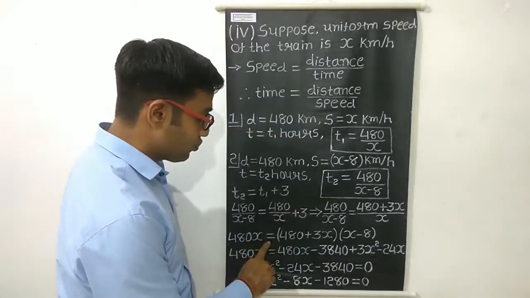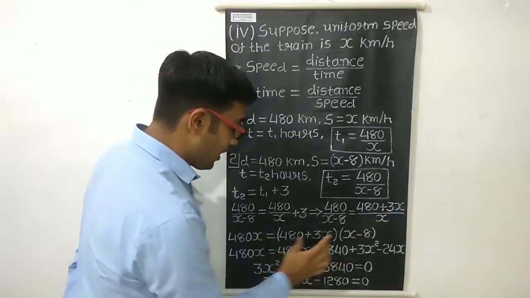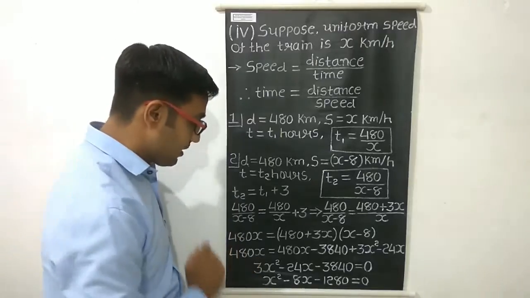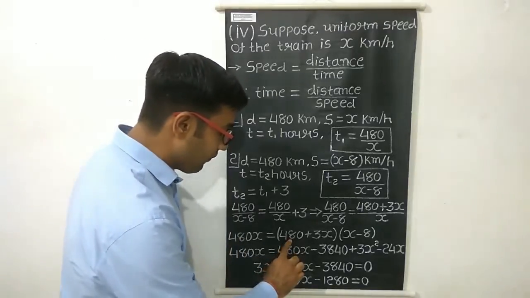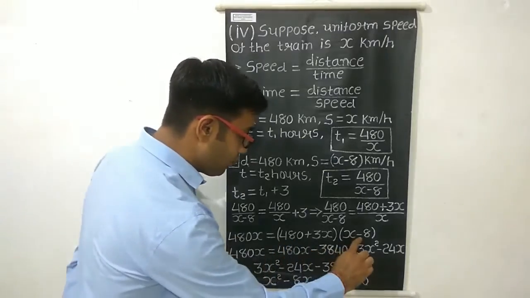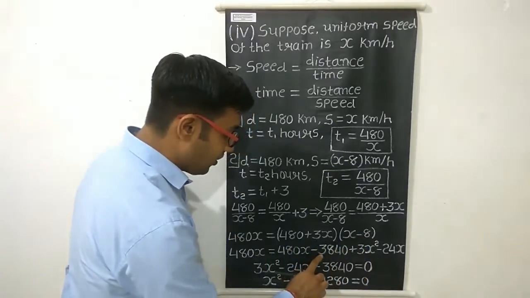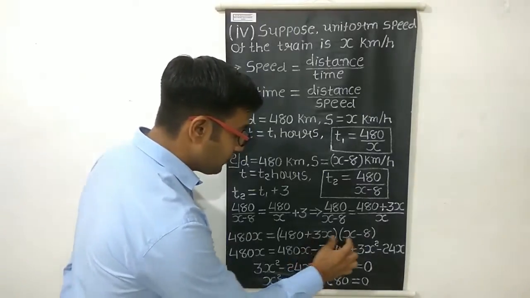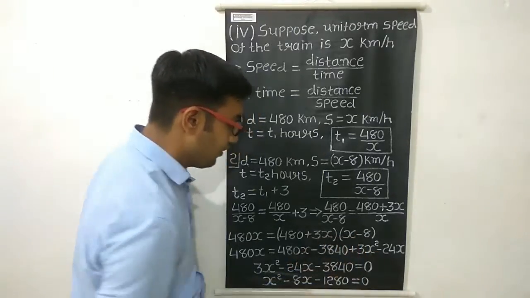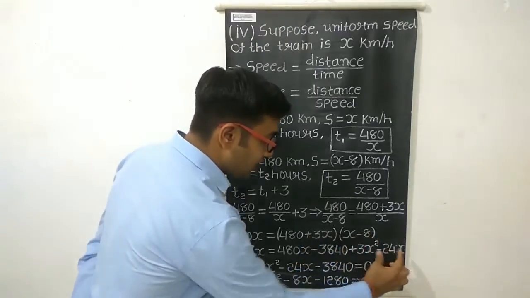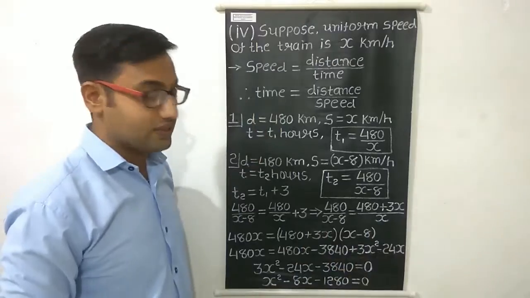480x is equal to, these two brackets are now in multiplication. So on the left hand side 480 remains as it is. Multiply 480 with x, we will get 480x. Now 480 into minus 8, that is minus 3840. Now multiply 3x with x, we will get plus 3x square, and plus 3x into minus 8, that is minus 24x.